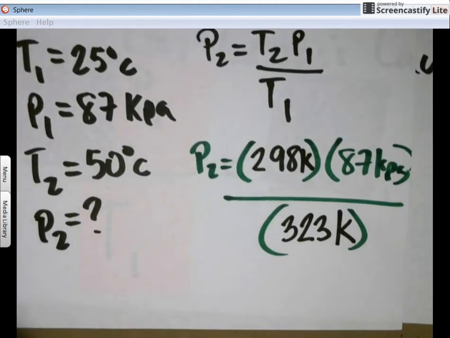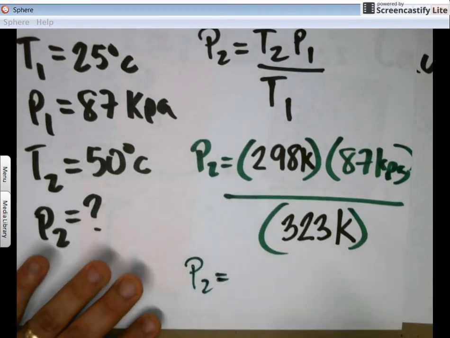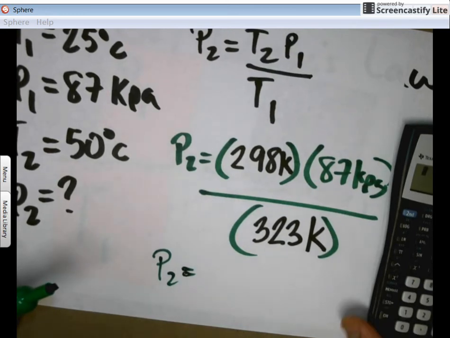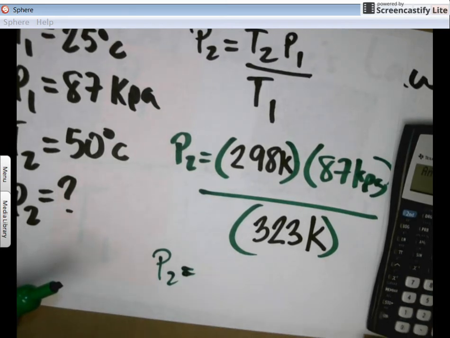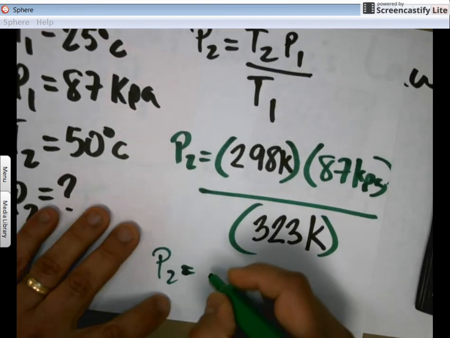And then all I've got to do is the math now, right? So 298 times 87 gives me that. I divide that by 323, 80.3.